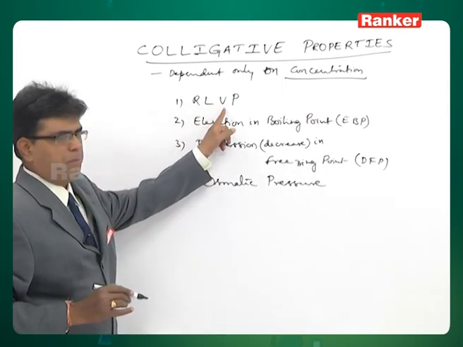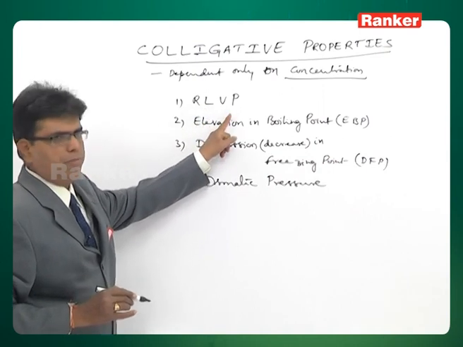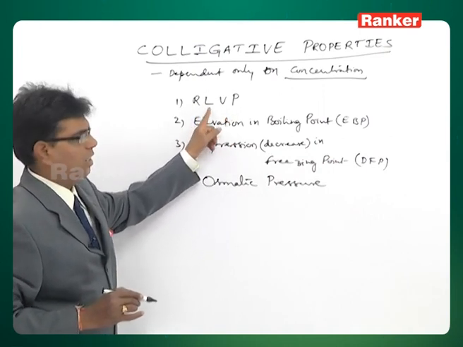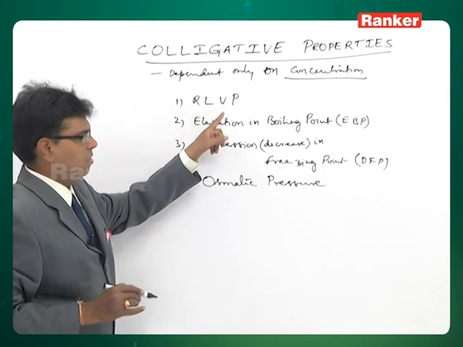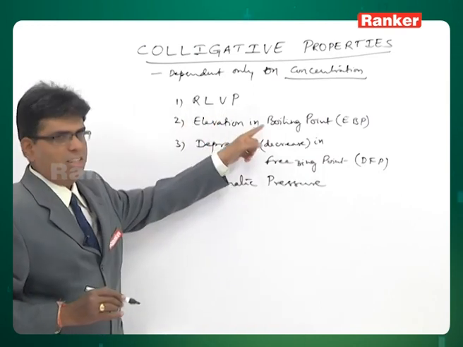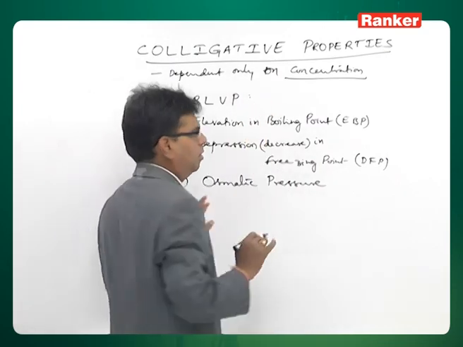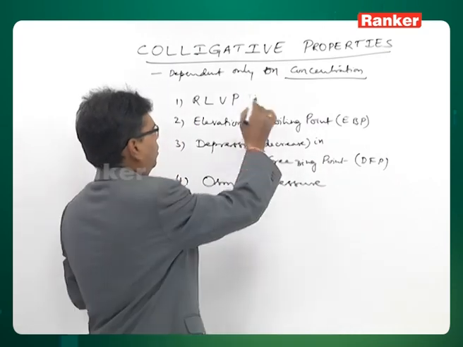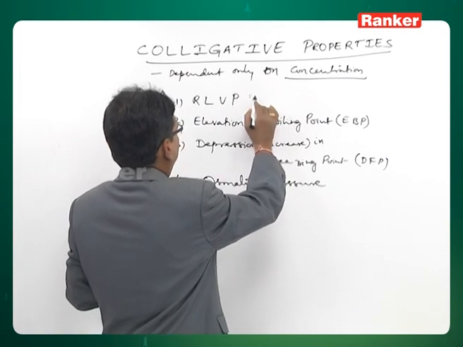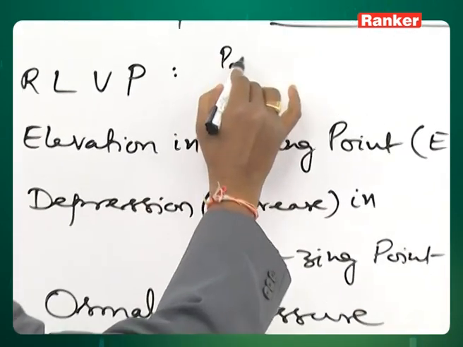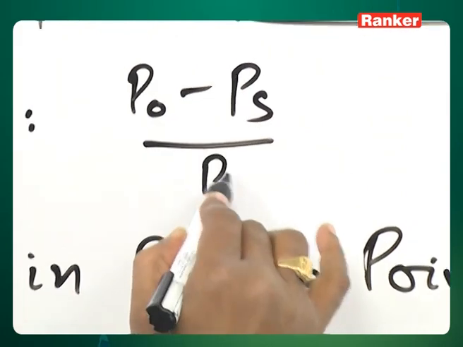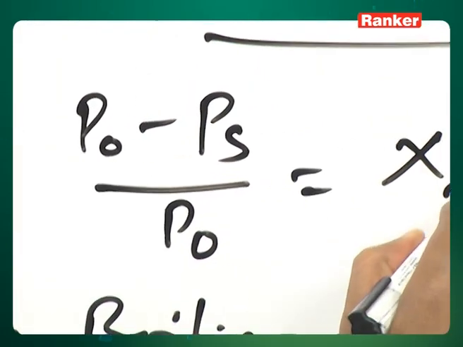What is vapor pressure? What is lowering of vapor pressure? What is relative lowering of vapor pressure? This we already discussed in our previous classes. Just as an immediate recollection, I write that P naught minus Ps by P naught is equal to the mole fraction of solute.